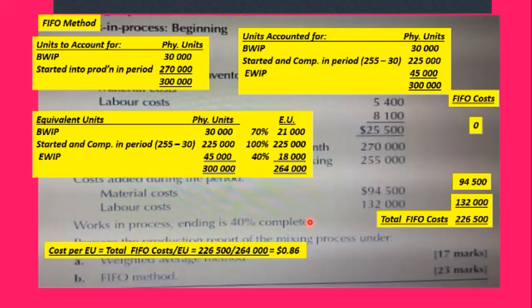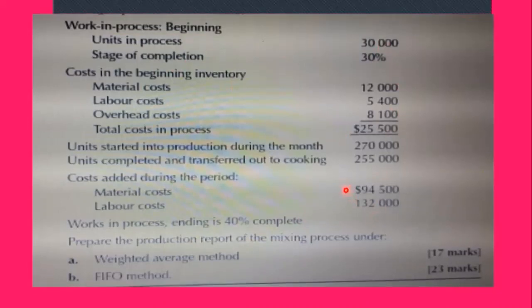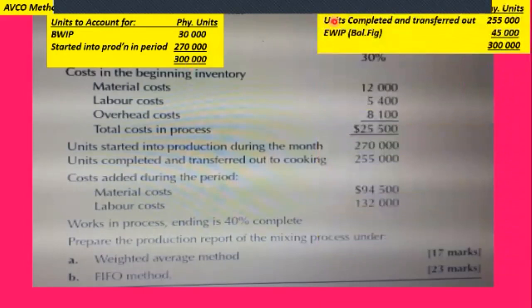Okay. Take a look at the AVCO, right? We have the same information here. AVCO method, the units to account for, same as in the FIFO method, 300,000. The units accounted for, completed and transferred out, 255,000.